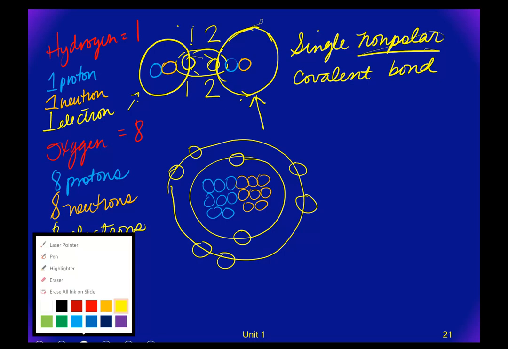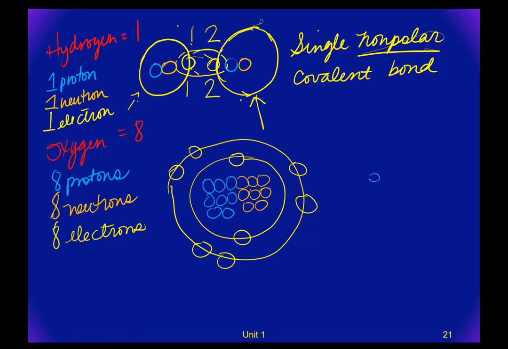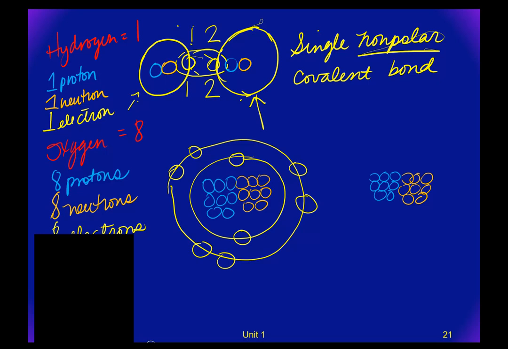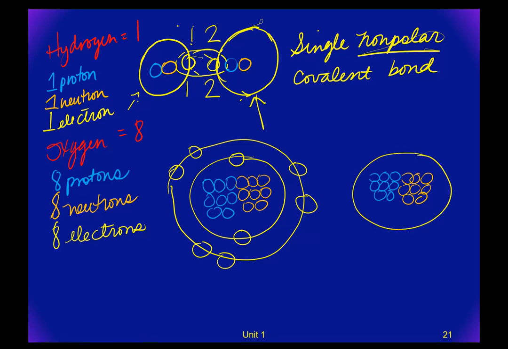So, let's draw another oxygen. 1, 2, 3, 4, 5, 6, 7, 8 protons. 1, 2, 3, 4, 5, 6, 7, 8 neutrons. First shell, 2 electrons, 1, 2. Second shell, 6 to make a grand total of 8.